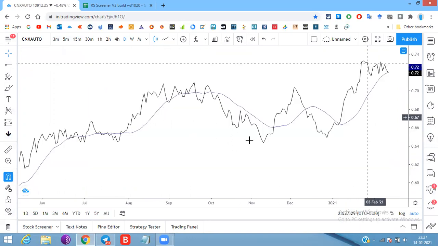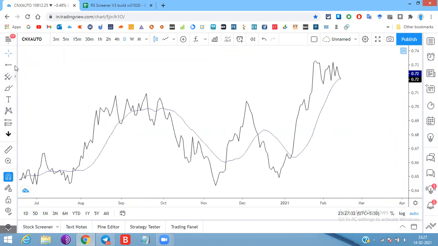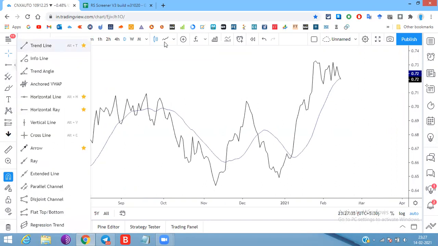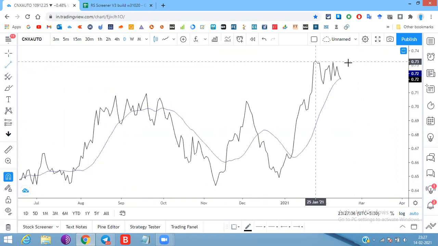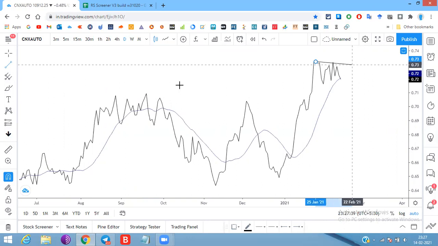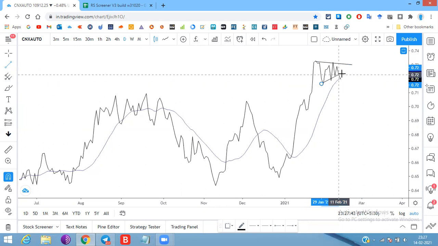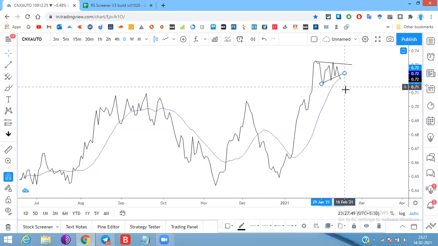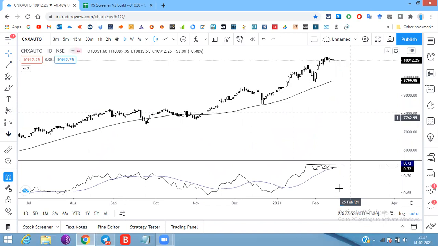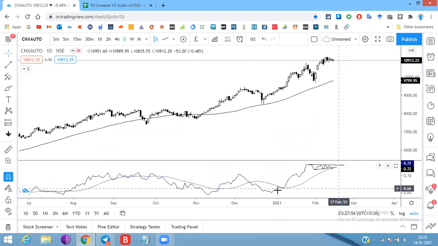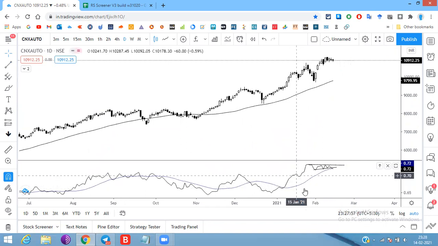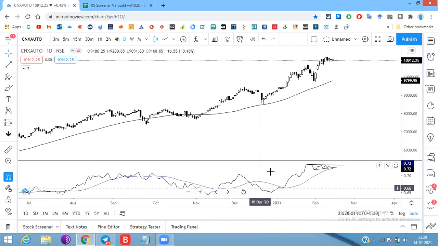Let me show you. So it has broken the triangle as such, but we will be waiting for further confirmation. Till then, Nifty Auto is, in my opinion, really bullish, because we can see there was a good movement in this as such. Okay, it broke this line also.